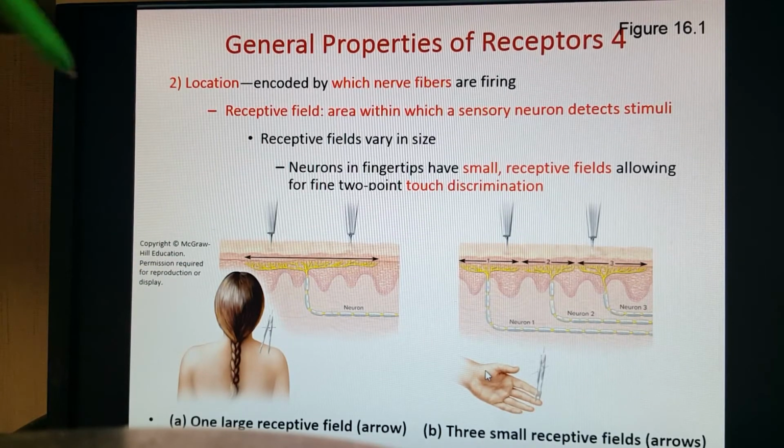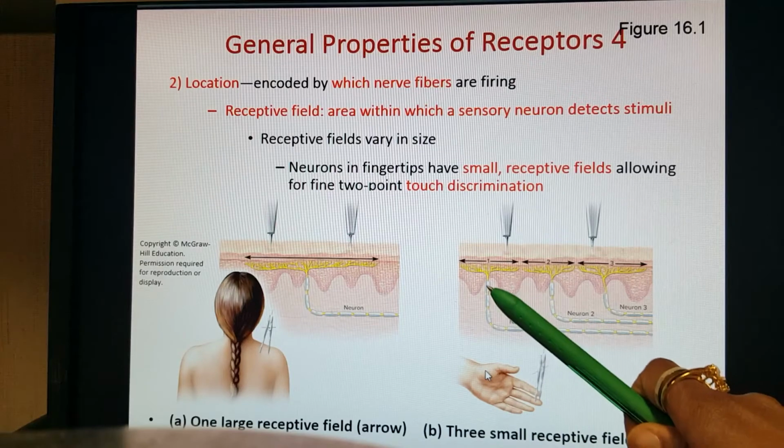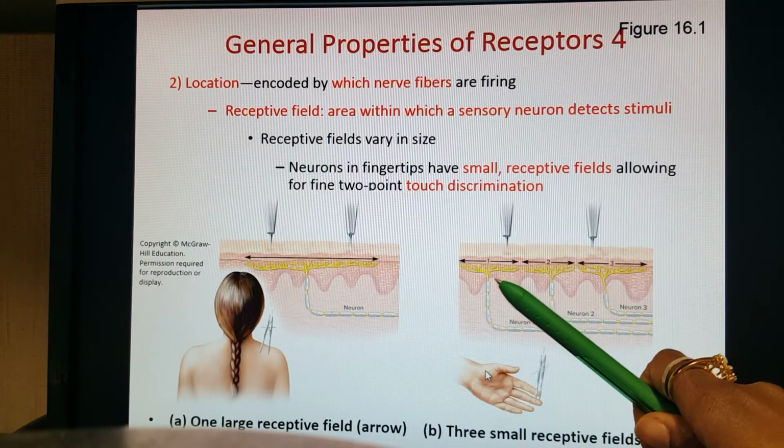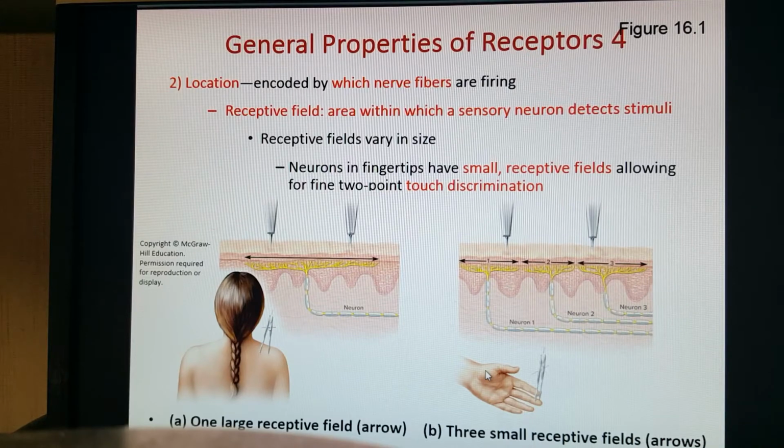And so if I put this little protractor looking deal on the back, it can give me general information on where that information is coming from. But if I move that same protractor pointy thing to the hand region where the neurons have a smaller receptive field, then you're able to tell the difference where each of those little pinpricks are coming from.